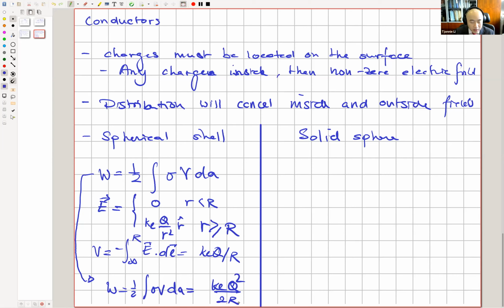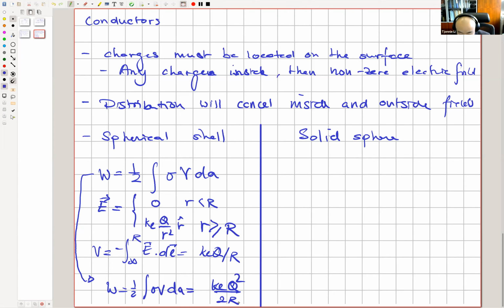Okay, so this is a calculation that you should have seen in 2041, and this is a relatively straightforward application of the integral forms.